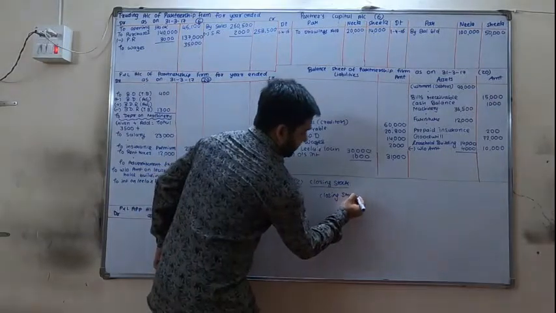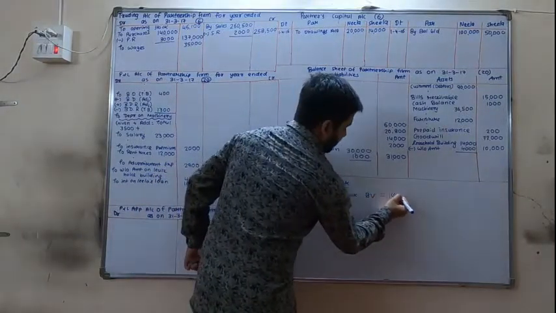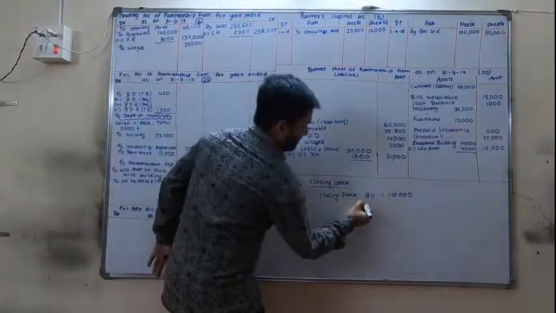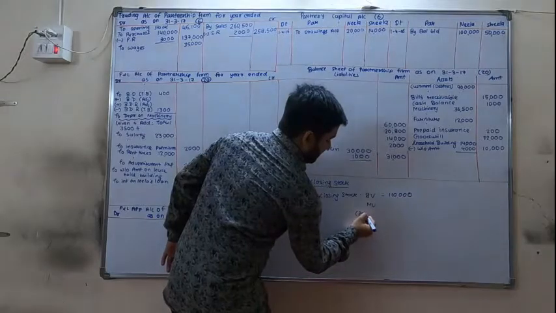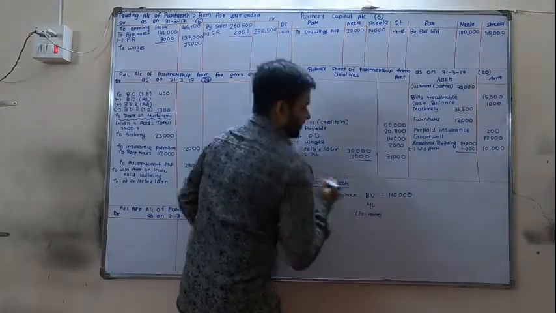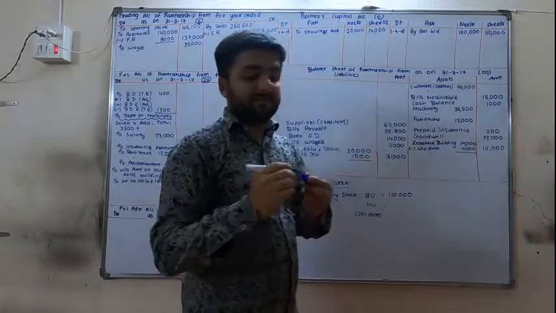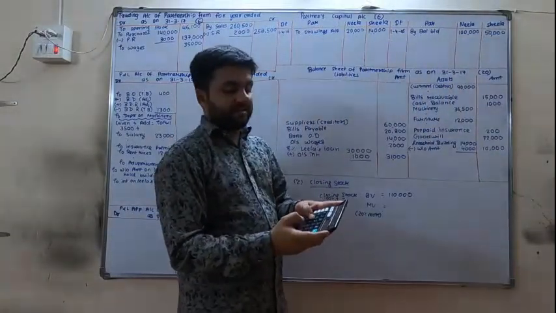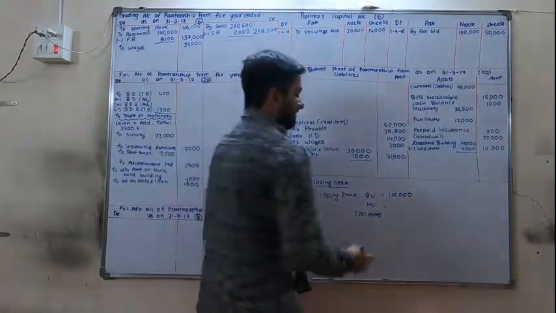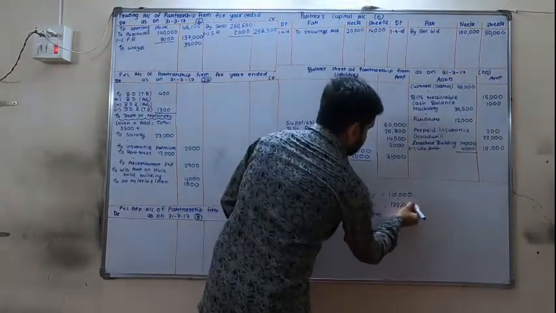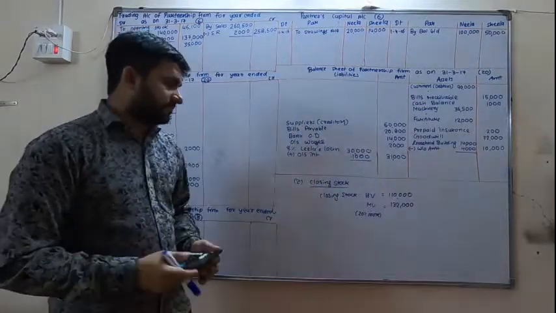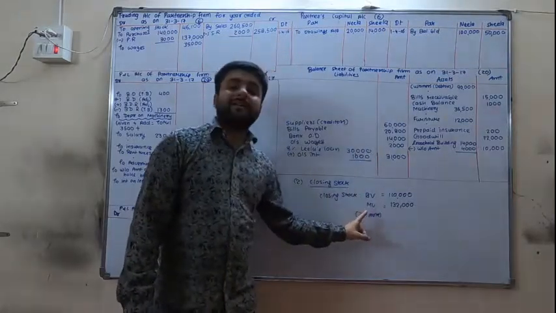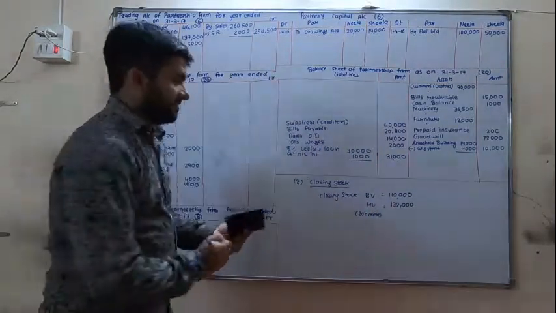Now the closing stock's book value is 1,10,000. They are talking about 100% of the stock only, so no divisions. Now its market value is 20% more. So 1,10,000 plus 20 and press the percentage button. Directly it will show 1,32,000. But as we all know, closing stock is recorded at book value or market value, whichever is less.